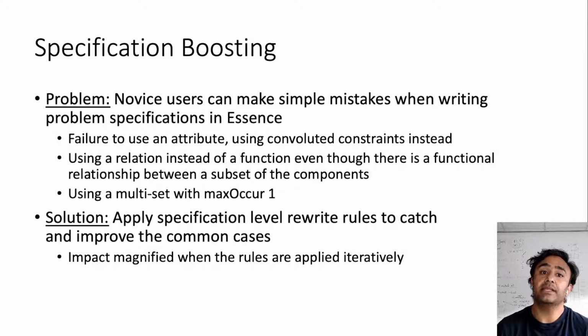But they might have a multiset and then a constraint which forces it to not have duplicates in it, right? And at that point, the max occur 1 attribute can be added, and then it creates an opportunity to apply another specification level rewrite to convert that multiset to a set as well.